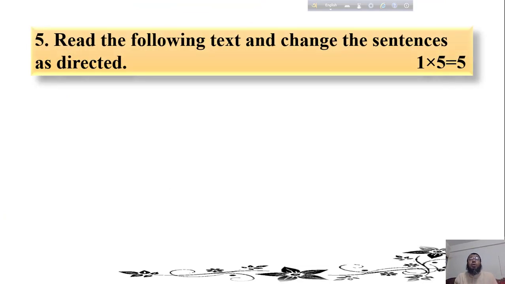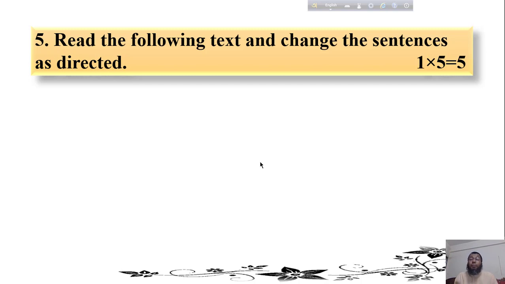You know, there is a question in our question paper, question number 5, and here you will get the question. At first we have a glance. Now the question will be, read the following text and change the sentences as directed.